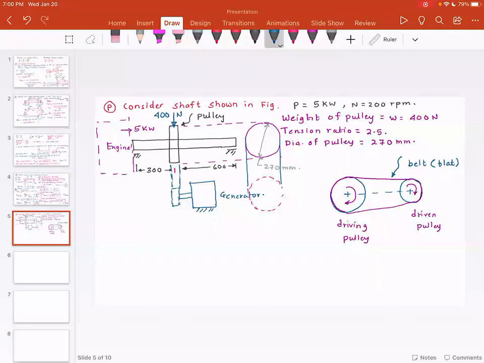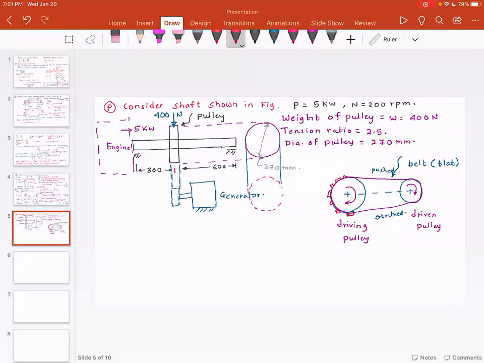As this pulley is rotating in the clockwise direction, the belt here will be stretched. The belt here will be sort of compressed or pushed. I want you to visualize what is happening. If you look at an element of belt, as it travels over the pulley, this element here is stretched.